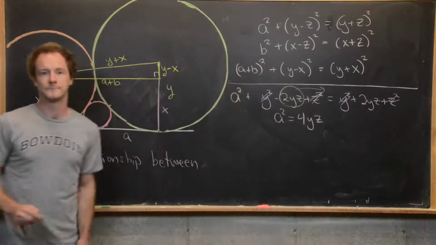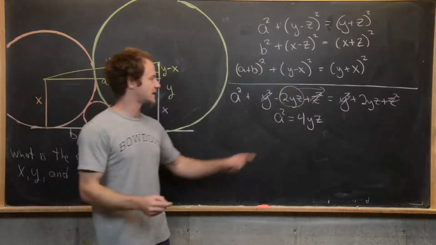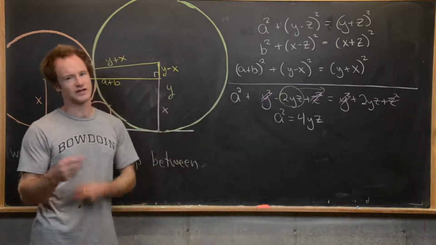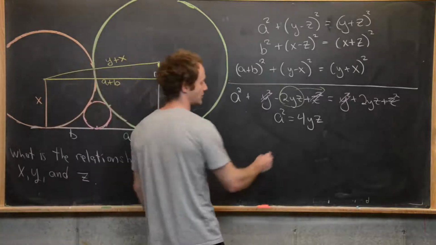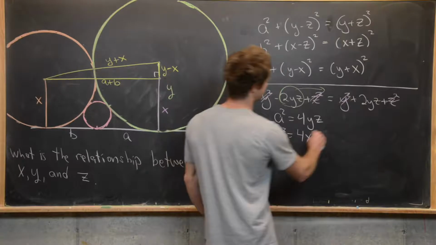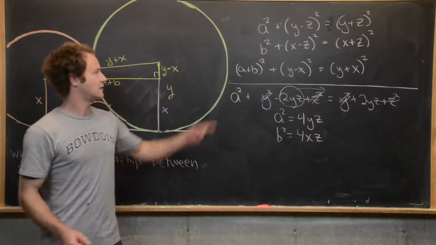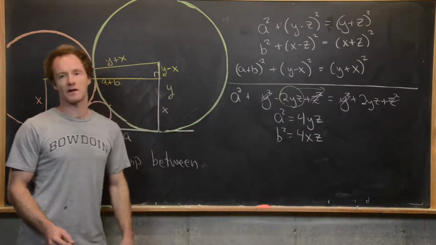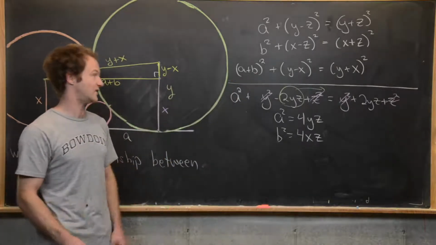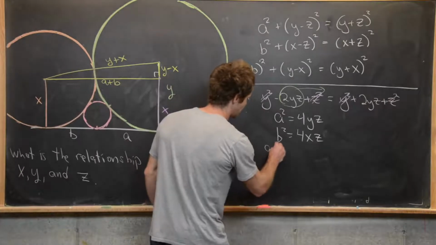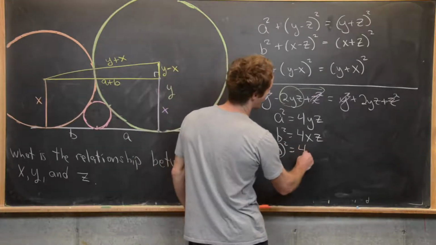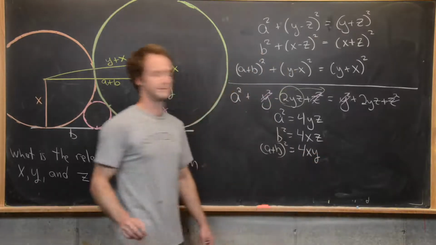4yz. Good. Now we can do something very, very similar, almost exactly the same on this second equation. It's just the variables are different. And we'll be left with b squared equals 4xz. And then we can do something exactly the same on the last equation. We're just holding this (a plus b) quantity squared fixed, and we'll have (a plus b) squared equals 4xy.